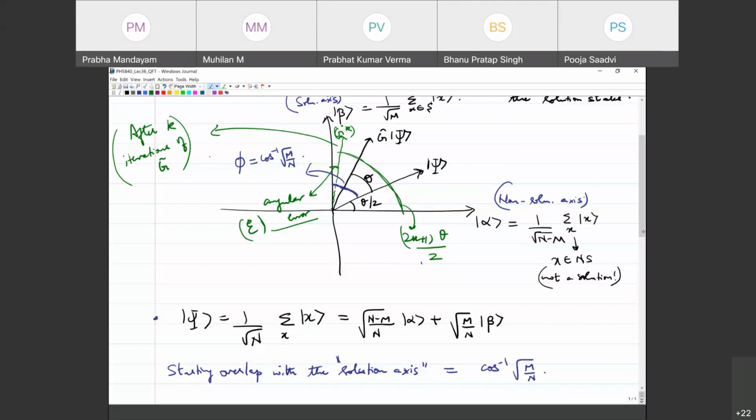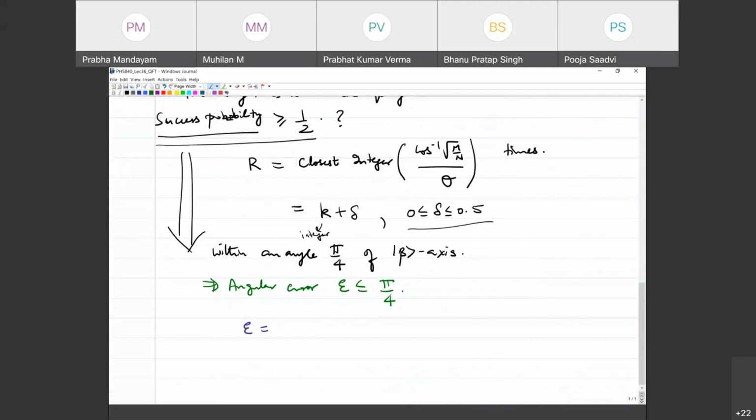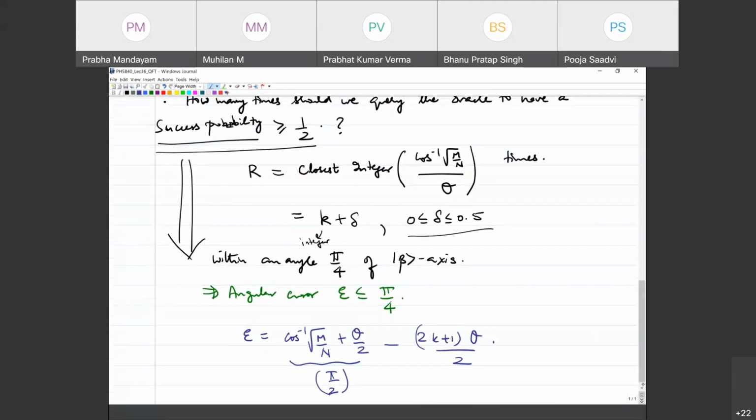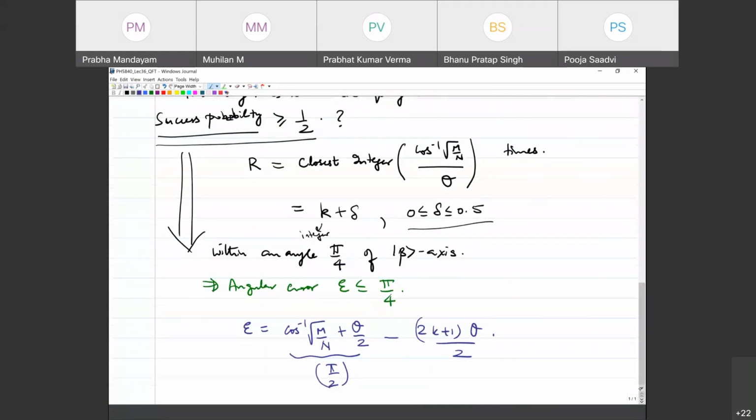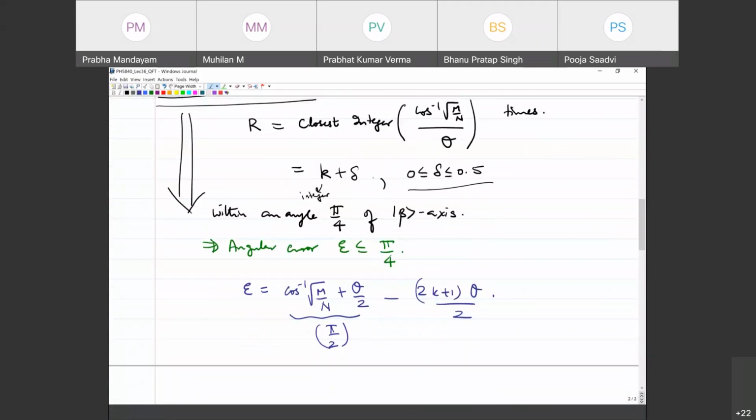I hope this is clear, but at least you can look back at the notes and work it out again if it's not clear. So actually this whole thing is pi by 2 minus 2k plus 1 theta by 2, because this is where you are at after k iterations. And now just using the fact that this delta is off from the integer to within 0.5, you can see that you can bound this by pi by 4.